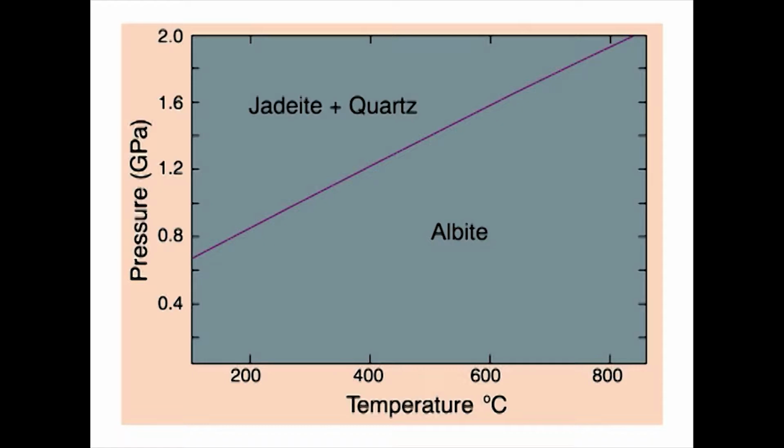This is because the delta S and delta V of the reaction do not change much with varying pressure or temperature. To the extent that delta S and delta V do change with pressure and temperature, they change about the same amount for both the reactants and the products.